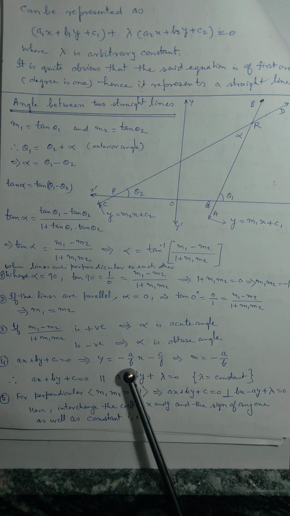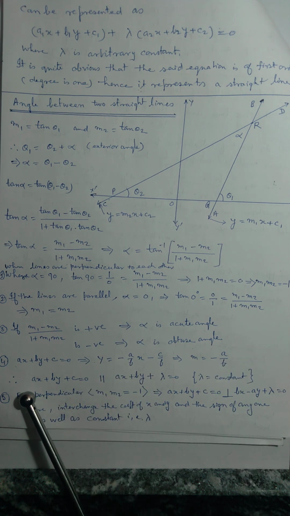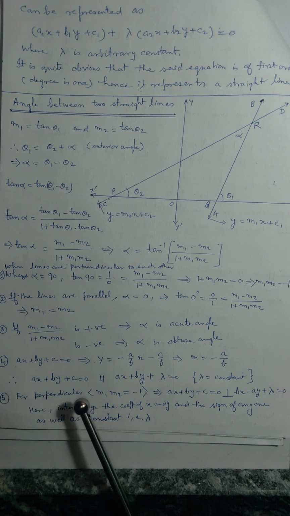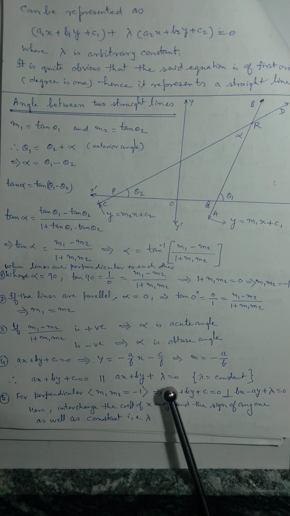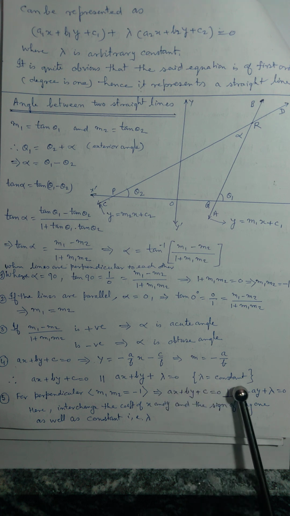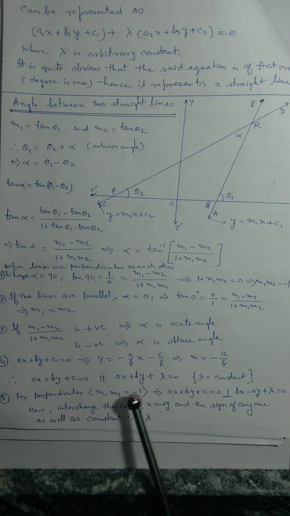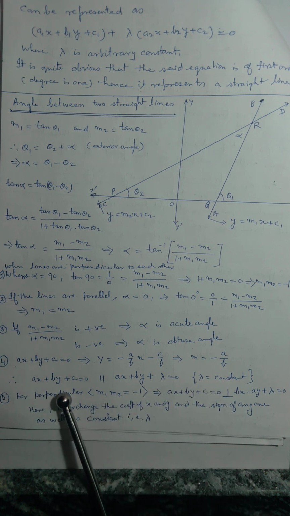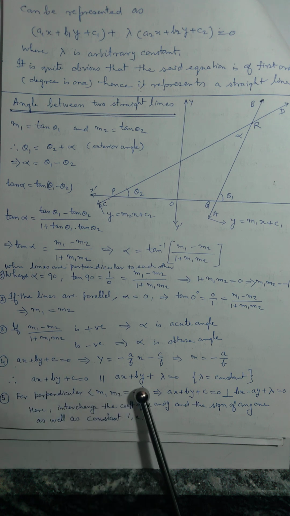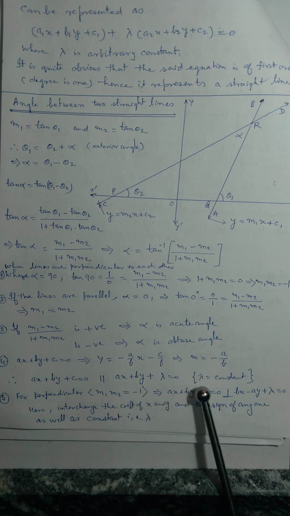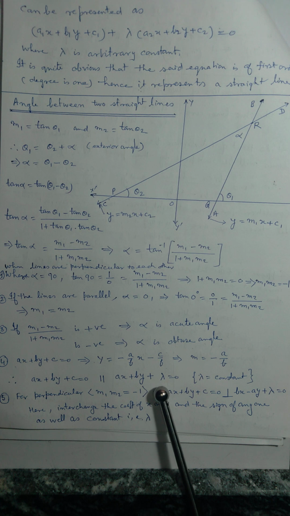Now the line ax plus by plus c equal to 0 is parallel to ax plus by plus lambda equal to 0, where lambda is a constant. The equations of lines which are parallel to each other differ only by the constant.